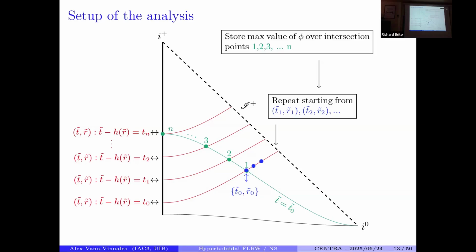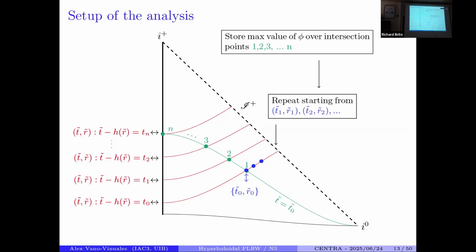Our data is not going to be given on the red slices, but we will consider one of these green ones for a given time, and then we need to check where it intersects with the red slices and see where the maximum of the scalar field is on that. We will take that as our decay for that T0, and then we will do that for different slices, and that will allow us to recover the same information we had before.